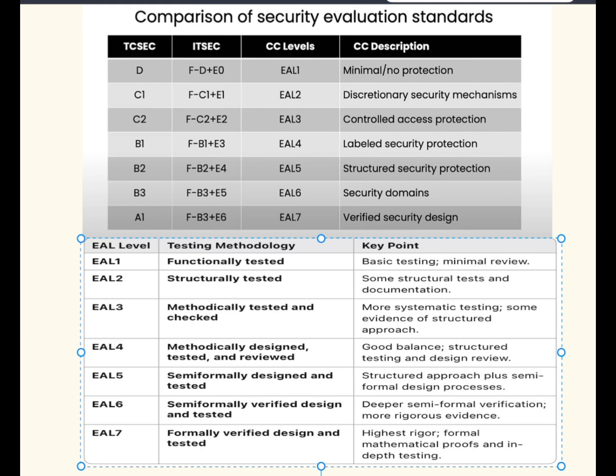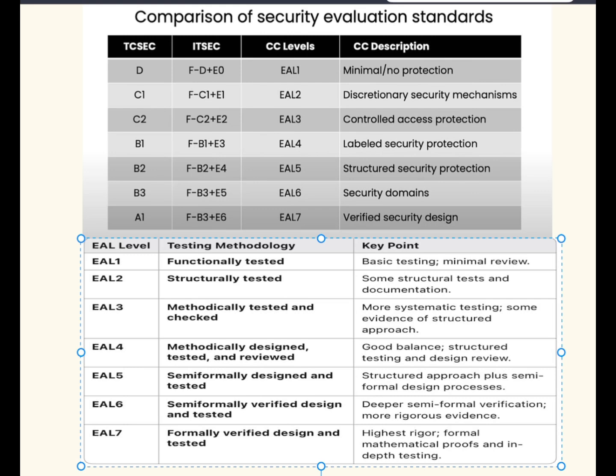So again, the current standard is not TCSEC or ITSEC. They are historical. No new products are certified under them today. They influenced CC but have been replaced by CC in modern evaluations. Common criteria is the actively recognized standard globally. You don't evaluate your own product, a certified lab does it.